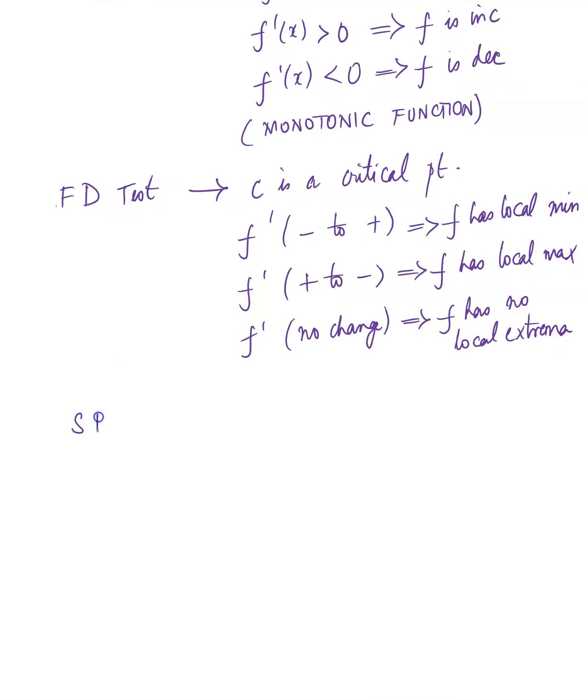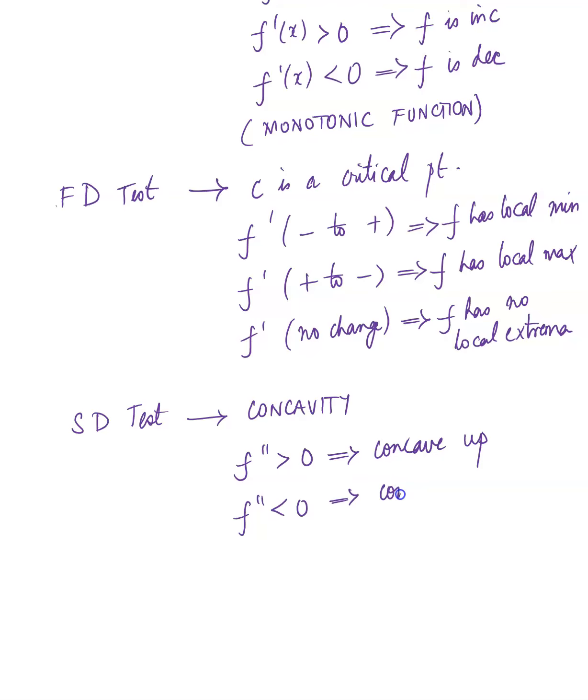For the second derivative test, we have two things. We have the second derivative test for concavity and we have one for local extrema. So the second derivative test for concavity said f double prime, if it's positive, it's concave up, and if negative, concave down.